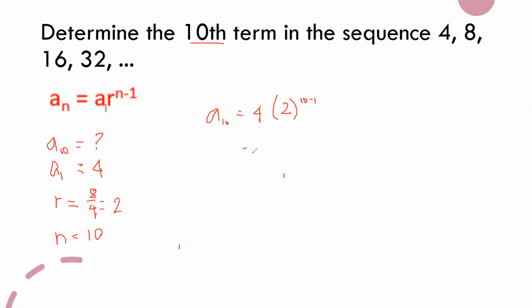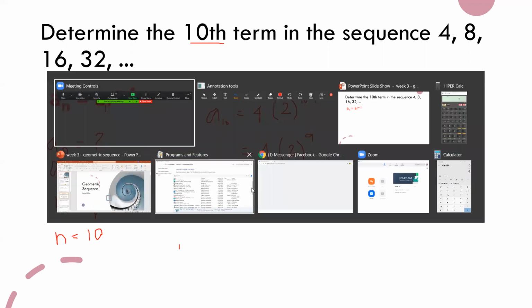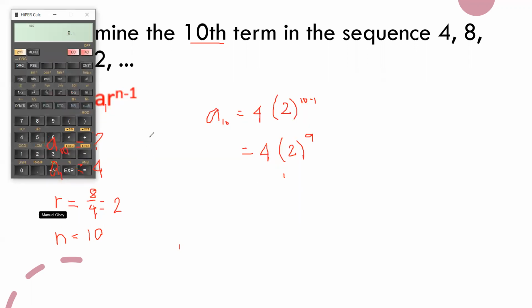So it becomes 4 times 2 raised to 9, since 10 minus 1 is 9. Let's solve that. It's PEMDAS, so we do the exponent first. That's 2 raised to 9. If you don't have a calculator, multiply 2 nine times. If you have a calculator, that will be better.